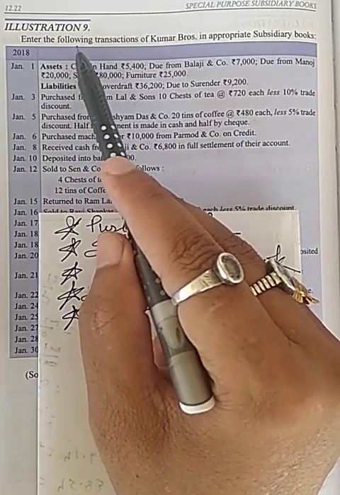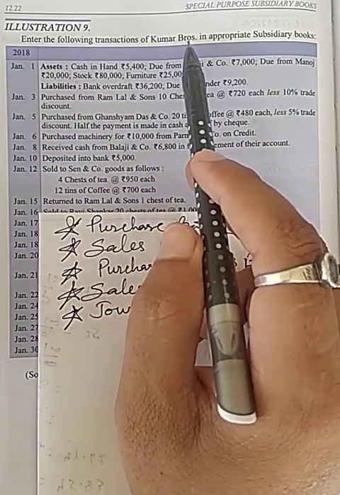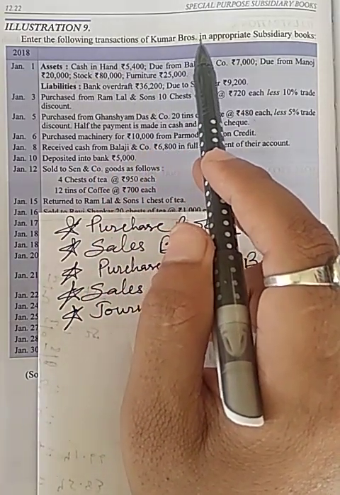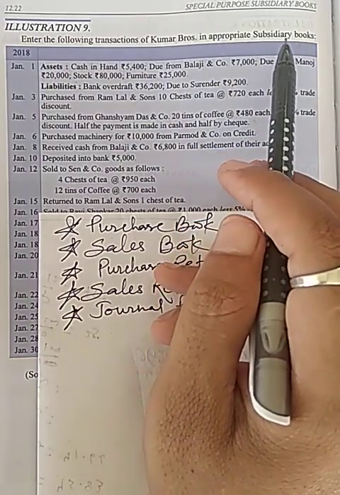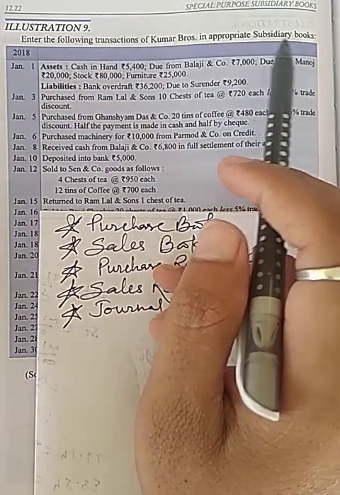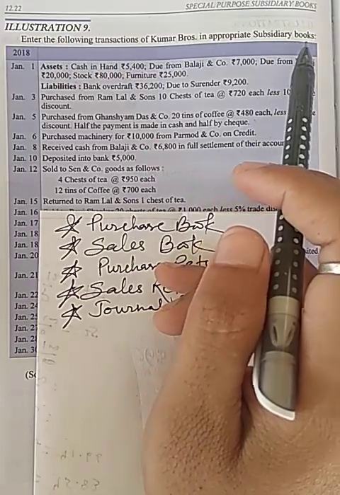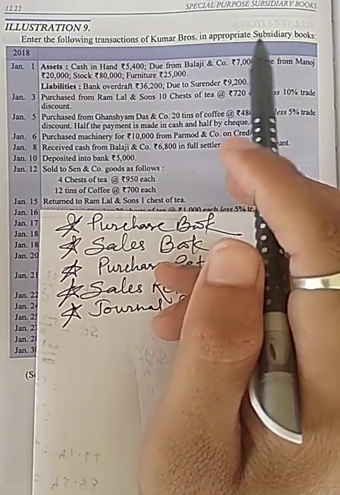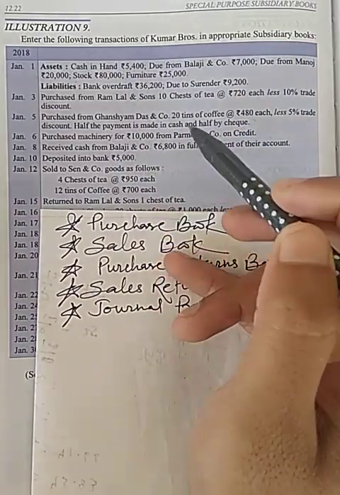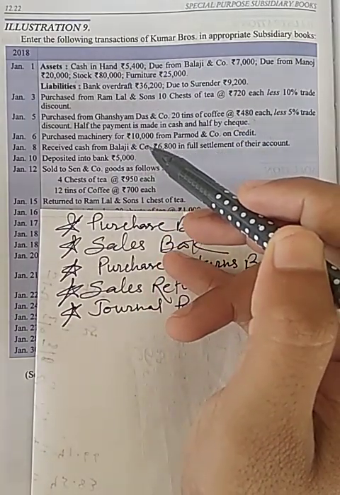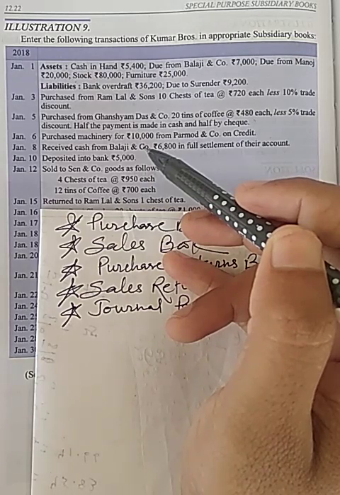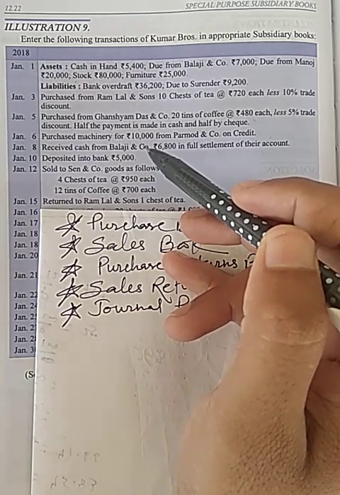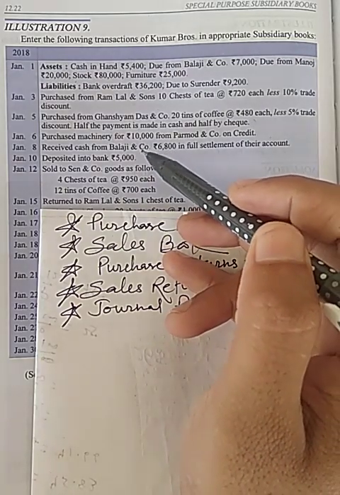The question is saying, enter the following transactions of Kumar Brothers in appropriate subsidiary books. Appropriate subsidiary books means here where it will be recorded. The question is asking in which subsidiary book it will be recorded.